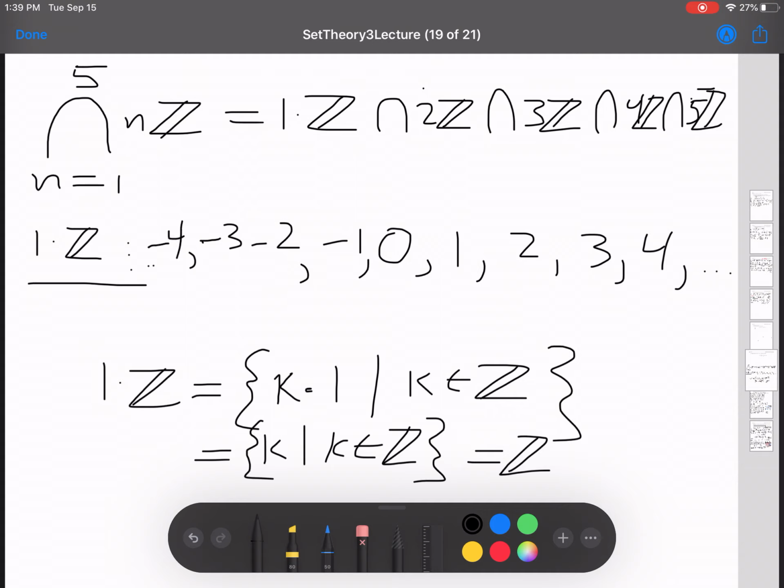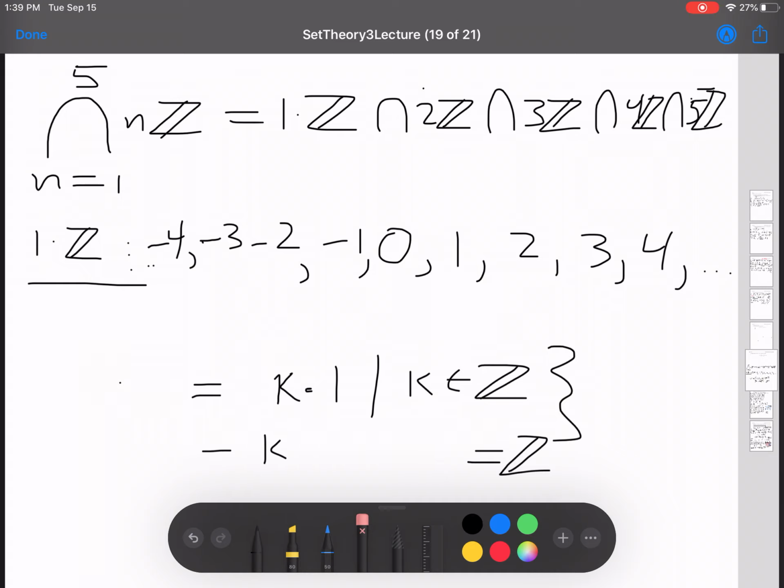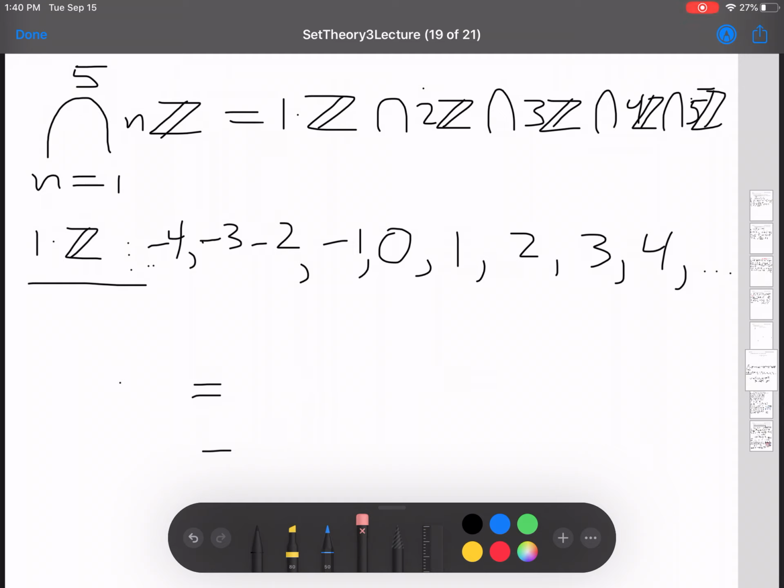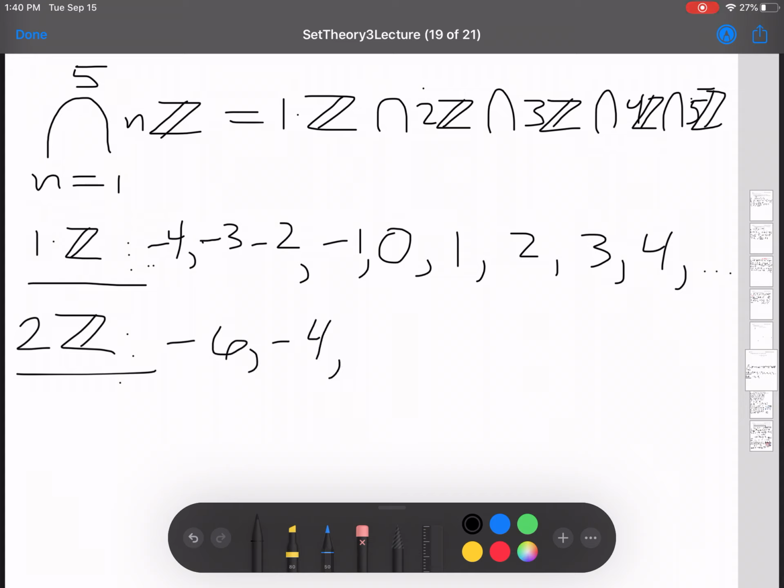Run out of room for the dots, but that's okay. 2z is the evens. So let's see, let's go -6, -4, -2, 0, 2, 4, 6, and so on.